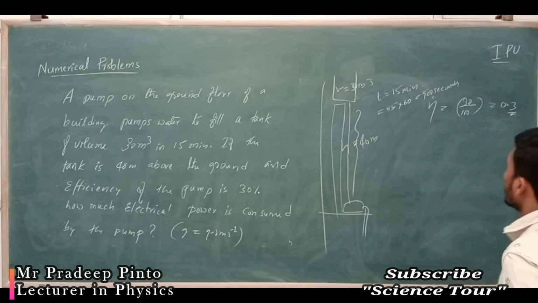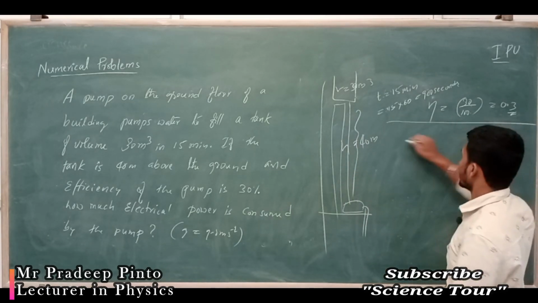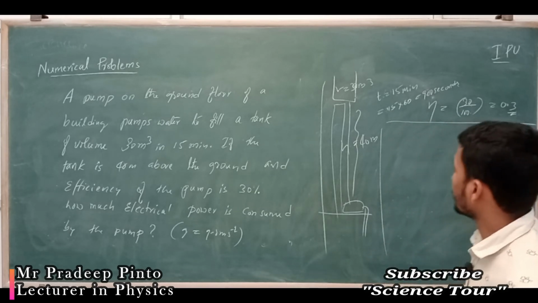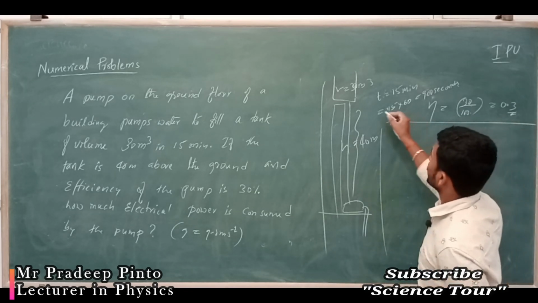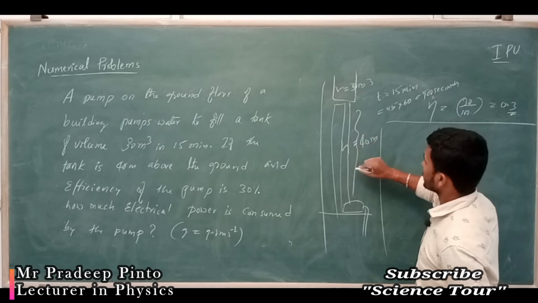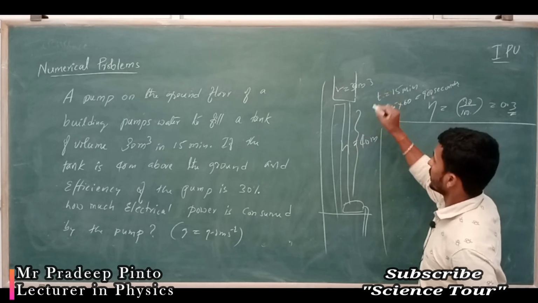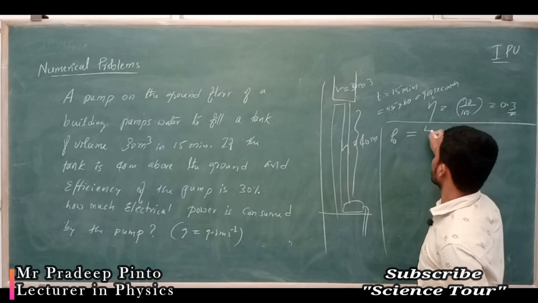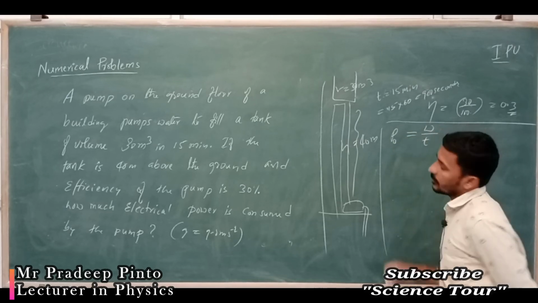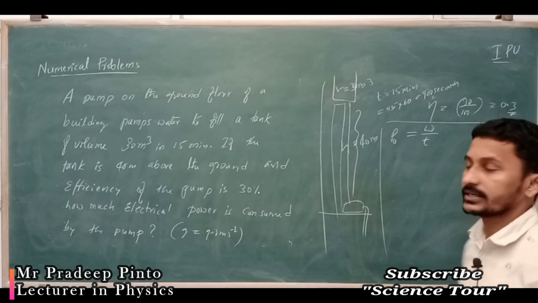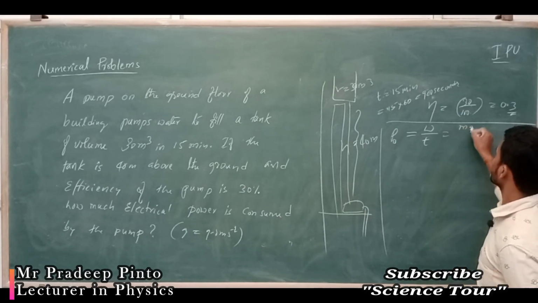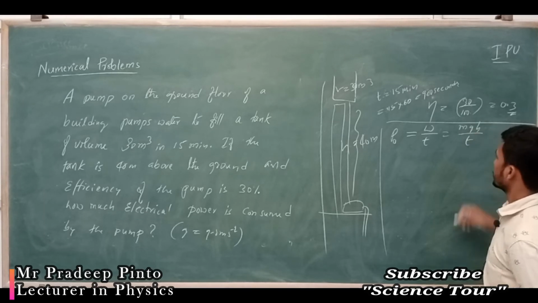So now let's see what the output power is. Because it will take this much water in 15 minutes, what is the power it is actually doing? What is the work done it is doing? Power is nothing but work done by time, no? What is the work done it is going to do? m g h by t.